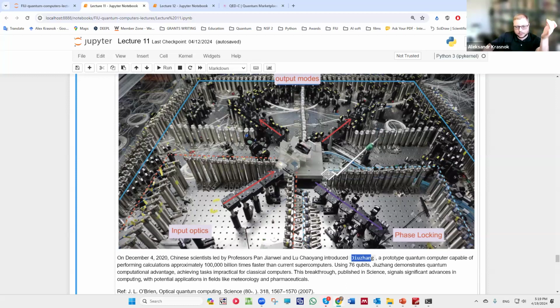The approach doesn't require a 2-qubit gate, so it's a linear optical computing.